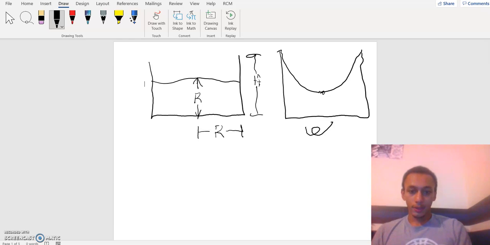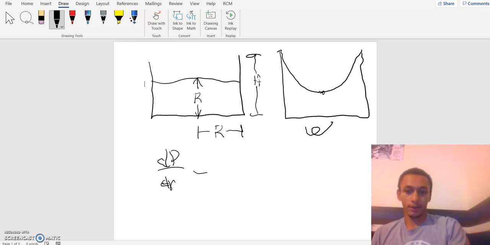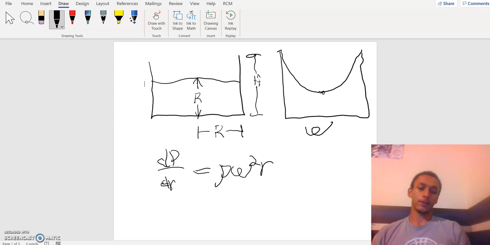Okay. So first we'll start out with the basic equation of statics, dP/dr. But in this case, we're going to have rho times angular frequency squared times r here because of centripetal force.